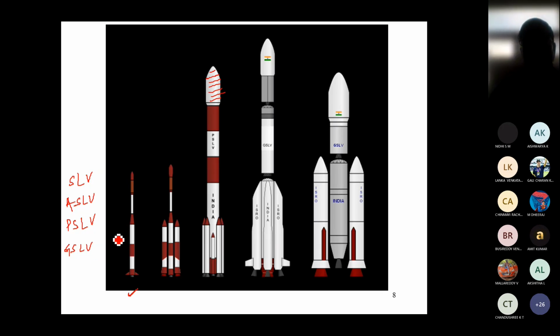And now I will also tell you, ISRO is much advanced to put the satellite directly into the geostationary orbit, particularly with these GSLV rockets or GSLV launch vehicles.